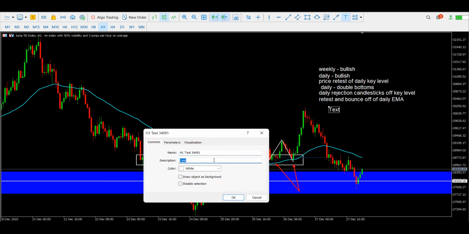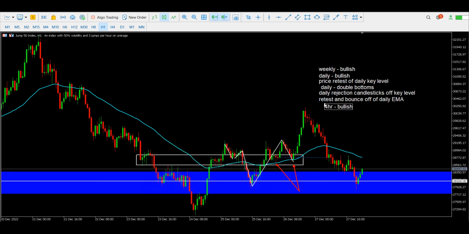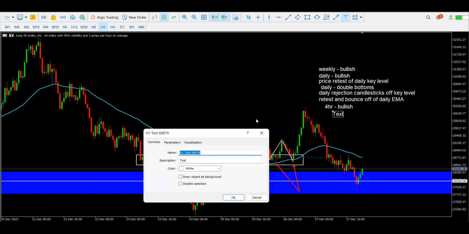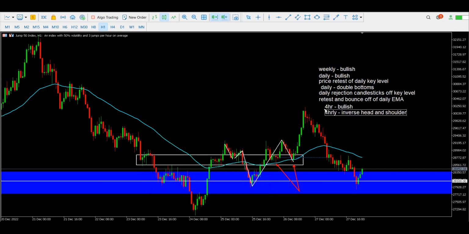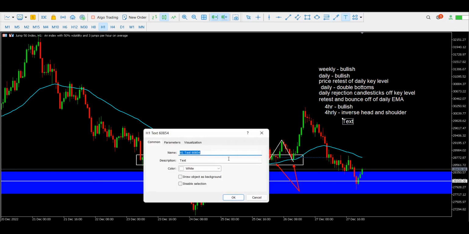We had the 4-hourly time frame bullish. We had a 4-hourly inverse head and shoulder pattern. And then also we had the 1-hourly time frame bullish.